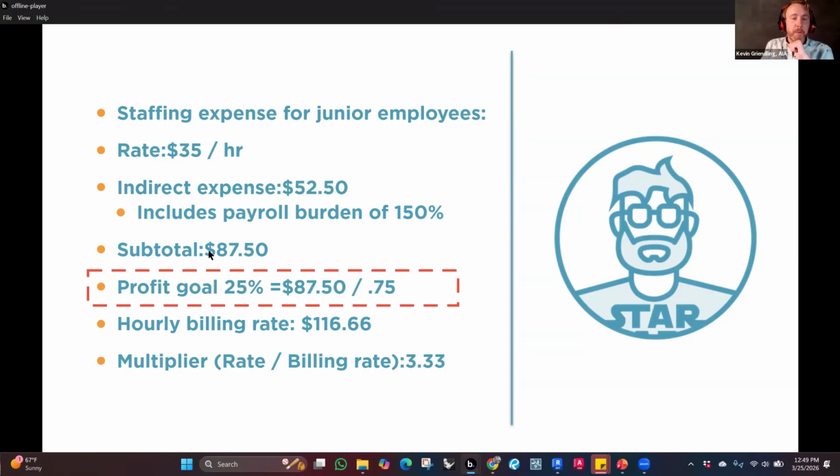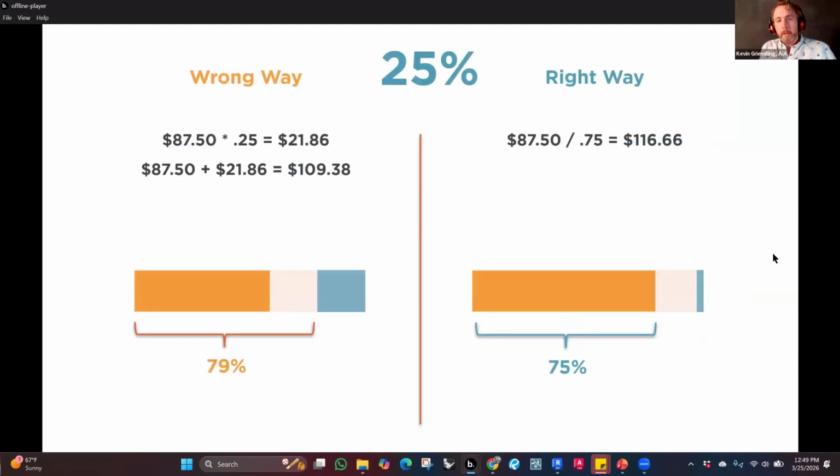So that's a subtotal of 87.50 that we have to pay for that employee to be earning their $35 an hour. If we want to earn a 25% profit over top of that, we have to use this calculation, 87.50 divided by 0.75. And I'll explain why in this next diagram.